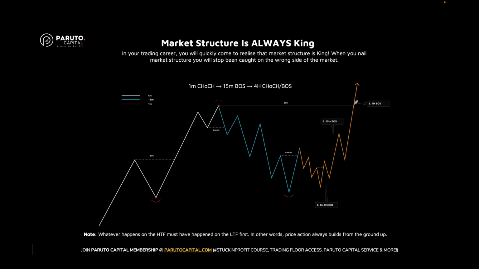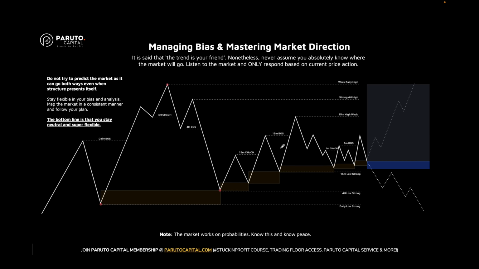So whatever happens on the high time frame must have already happened on the lower time frame. I showed that earlier. So the 1 minute switch bullish here, the 15 minute switch bullish here, and that will now provide us with the opportunity to continue our bullish 4 hour trend, right? So for the bullish 4 hour trend to continue, that bullish switch must have happened on the 1 minute and also must have happened on the 15 minute, right?